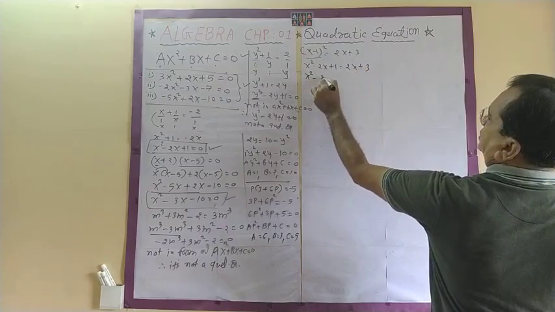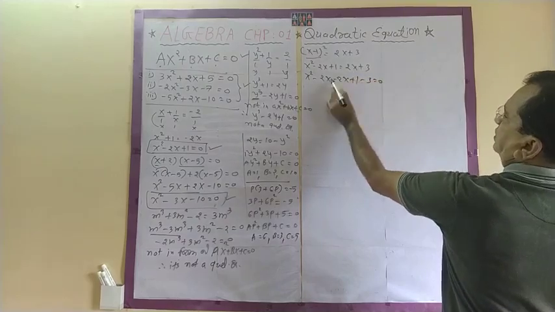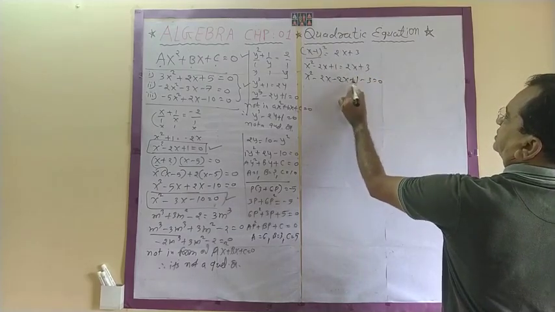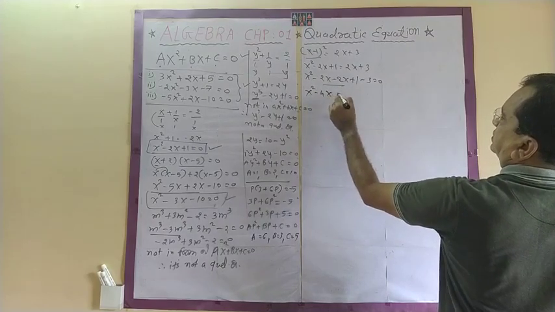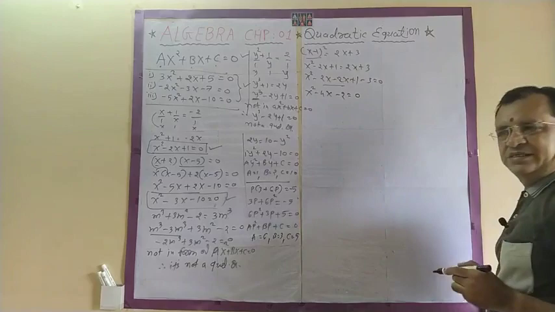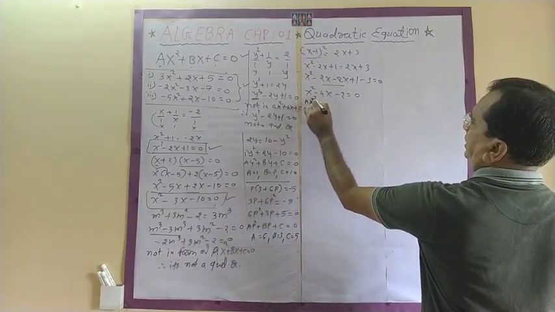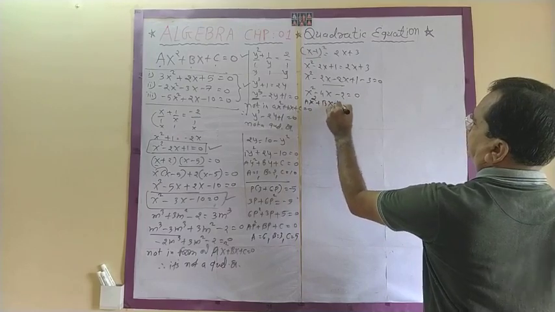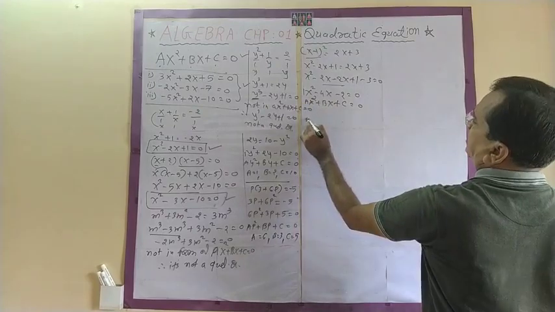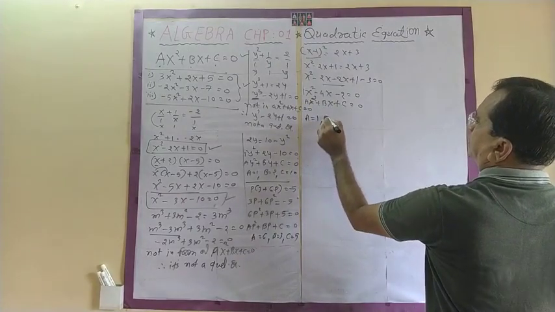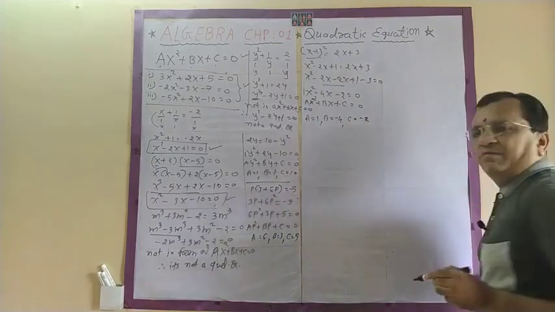So x square minus 2x plus 1 minus 3 is equal to, this comes this side minus, this comes this side minus. So x square minus 4x minus 2 is equal to 0. Write the standard equation by comparing ax square plus bx plus c. What is a? You can write 1. a is equal to 1, b is equal to minus 4, c is equal to minus 2.